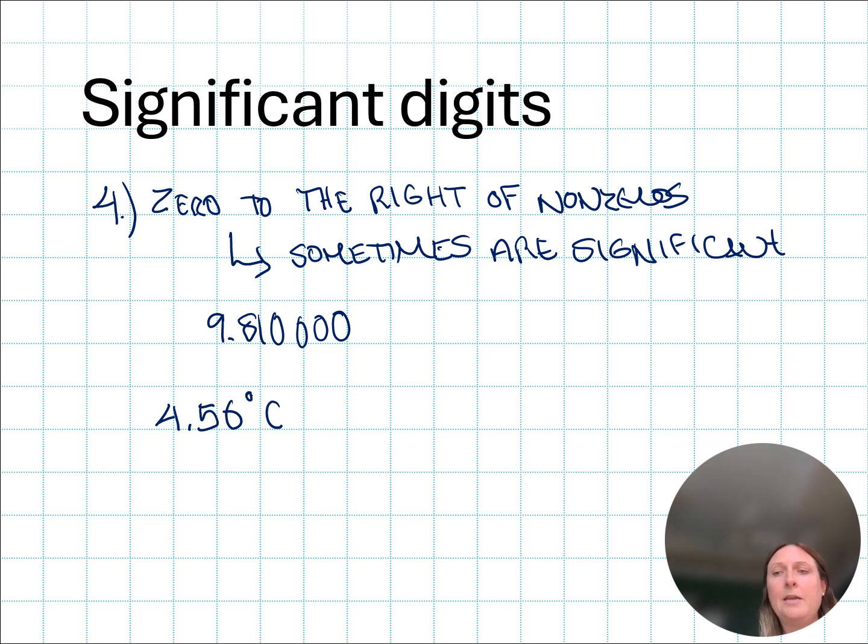Another engineer reading my measurement would understand that I used a thermometer precise enough to record temperature to the nearest hundredth of a degree C. If that's not true, if my device was only precise to the tenth of a degree C, then I should write this as 4.5 degrees C, and the significant digits would then be 2.